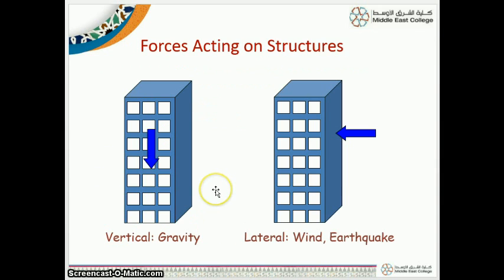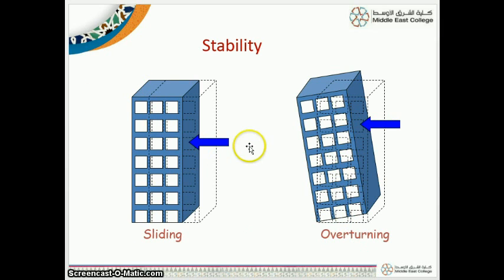See, here we have a pictorial representation. If you have a structure like this, forces induced by gravity are vertical loads, acting in the direction of gravity. Wind and earthquake loads act in the lateral direction. Lateral direction means horizontal direction. If a horizontal force is acting in this way, the structure can slide.